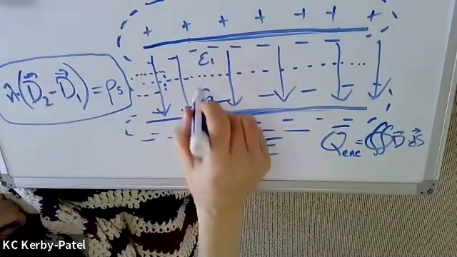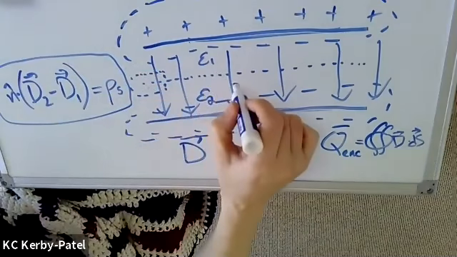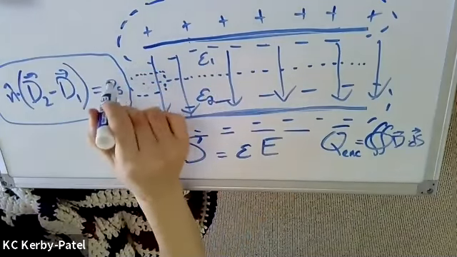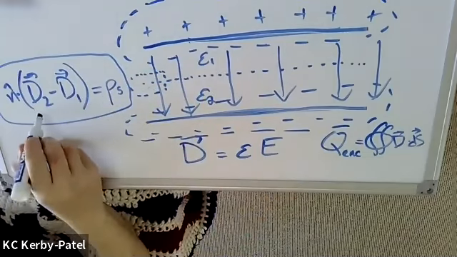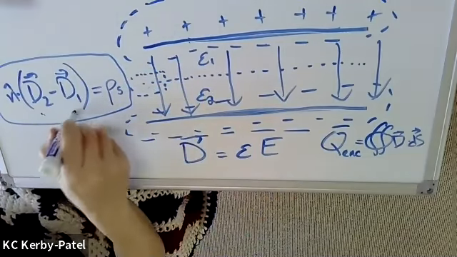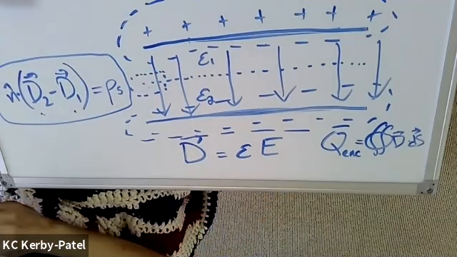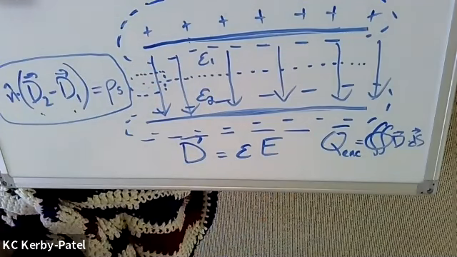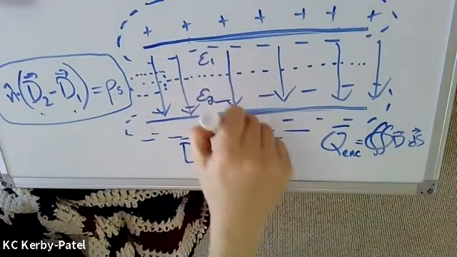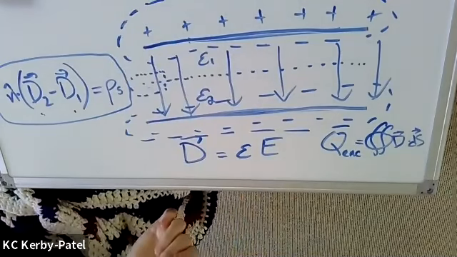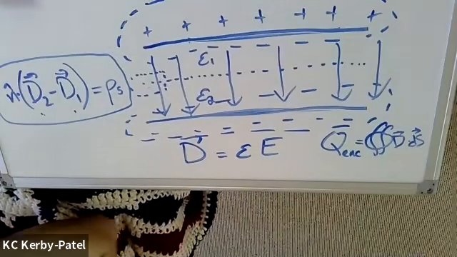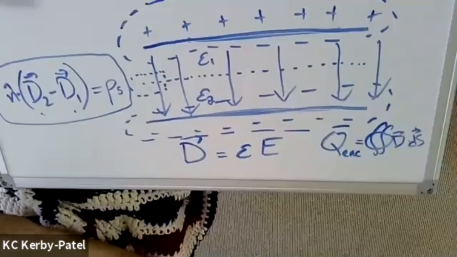If these are perfect non-conductive dielectrics at the interface, there is no charge density. And then the normal components of these electric flux densities have to be equal. That's how you end up with a different amount of charge on the two plates because there are two different epsilon values there. Does that make sense?